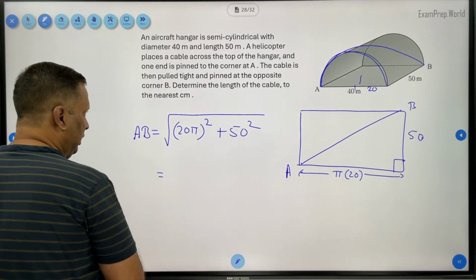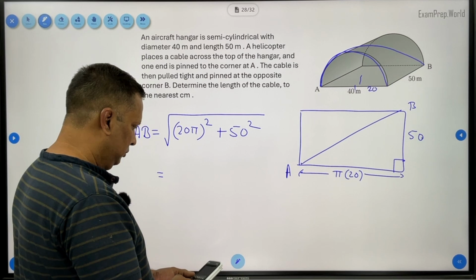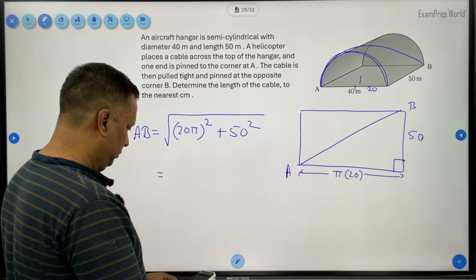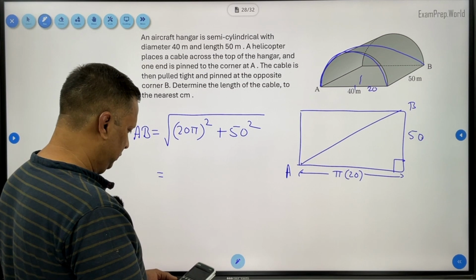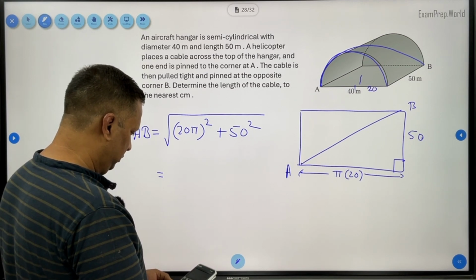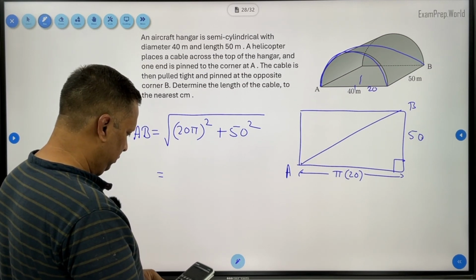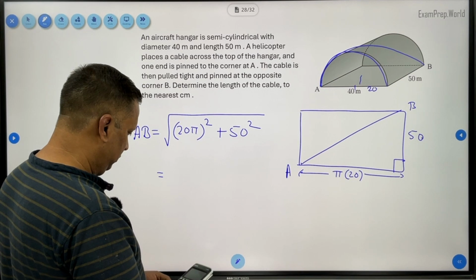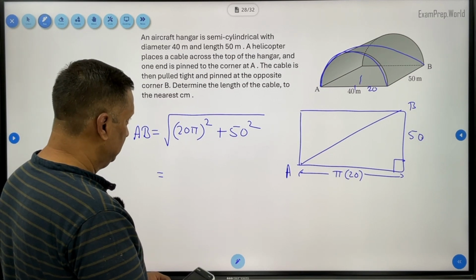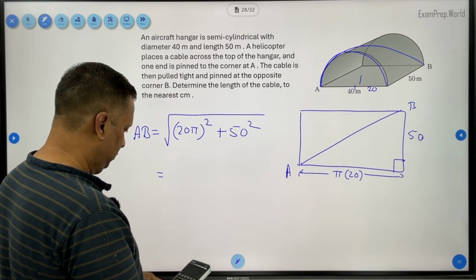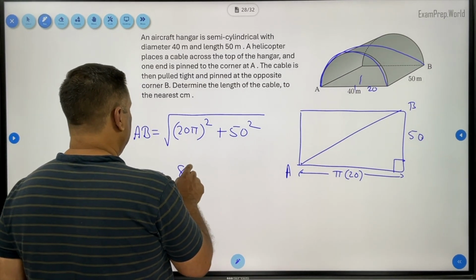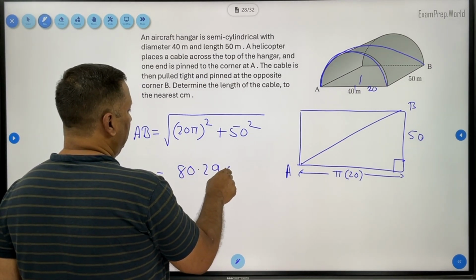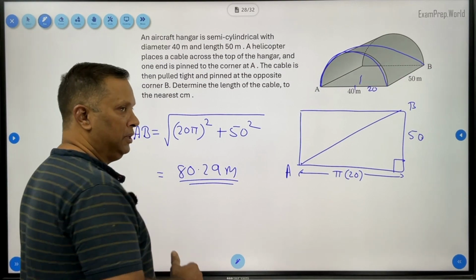And our calculator will help us to find this. 80.29 meters. 80.29 meters is the length of the cable.